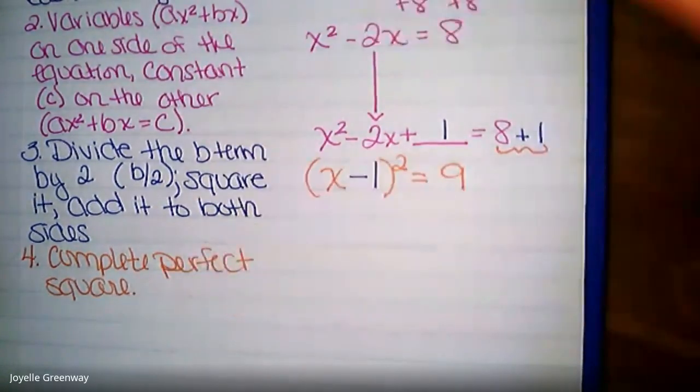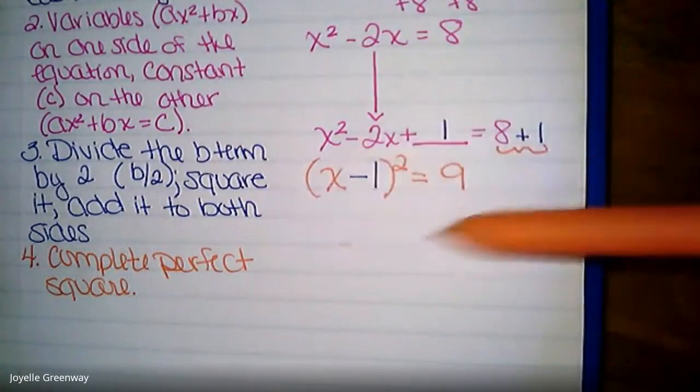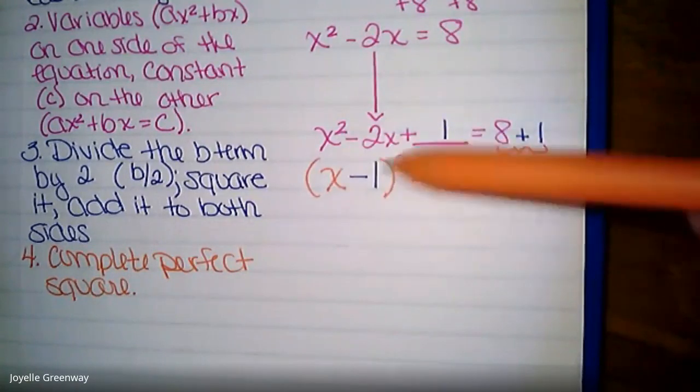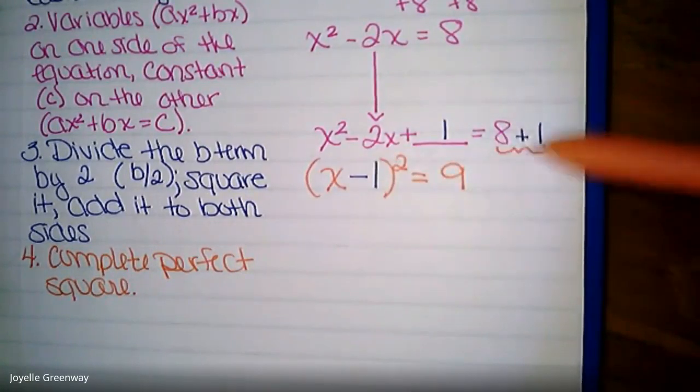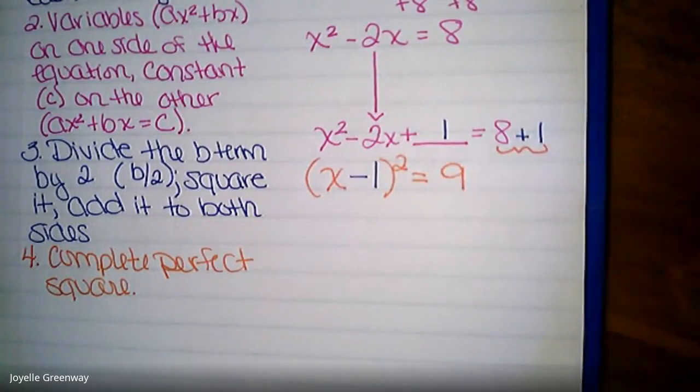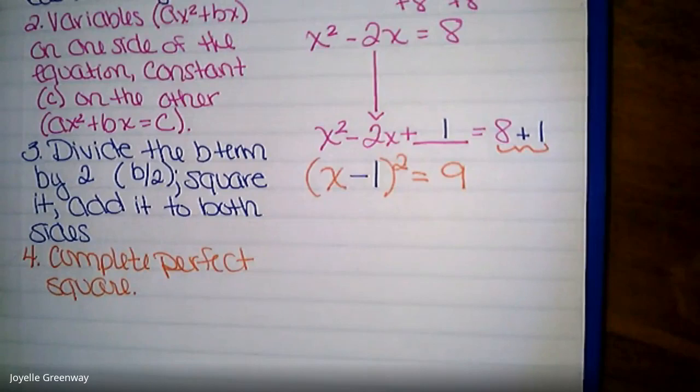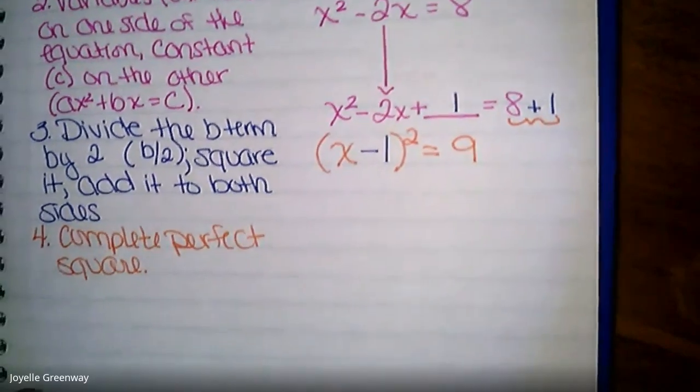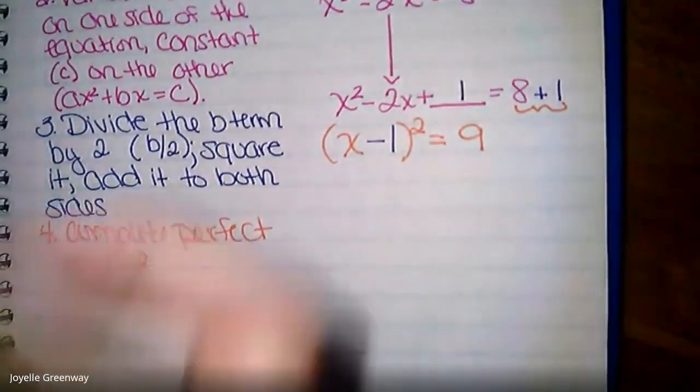So step 4, complete the perfect square, which is adding in the x, the parentheses, the square, equals, and you simplify the term over here, okay? Step 5, we are going to solve.